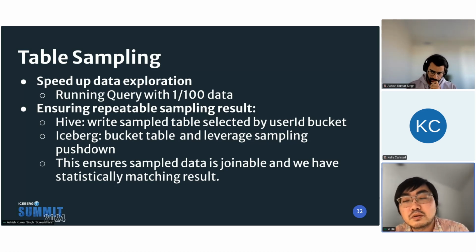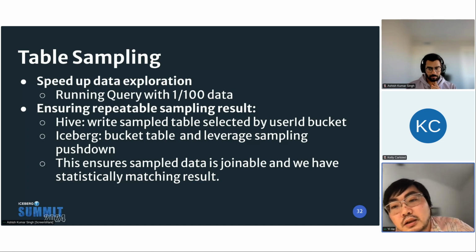In our query UI, we rewrite the query to read from the sample table instead of the production table when the user chooses to. For Iceberg, we are able to leverage the fact that we can have a bucket table in Iceberg, and we can leverage the query engine to do sampling push down into Iceberg.